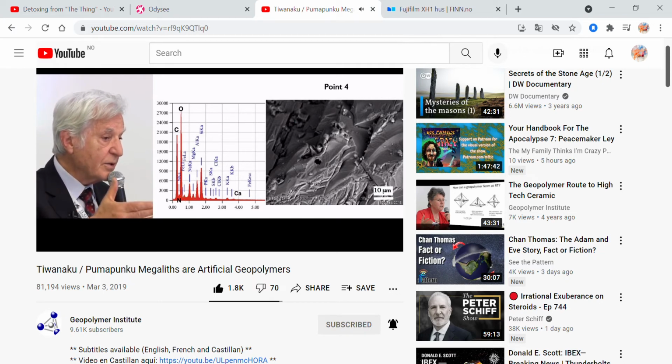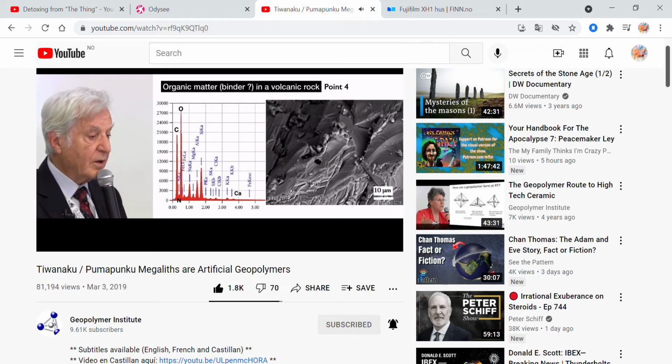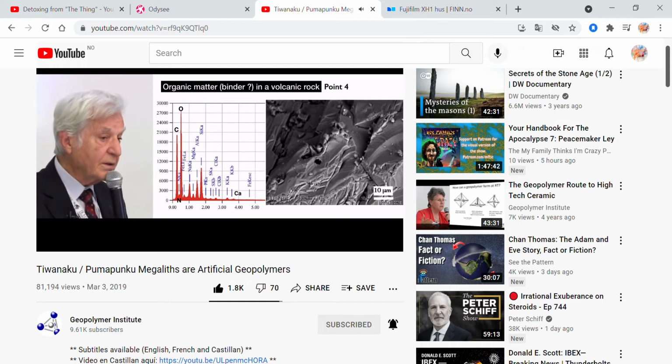We cannot measure nitrogen quantitatively, but qualitatively we can see that we have nitrogen. So it could be ammonium, organic matter. So we are finding organic matter in a volcanic rock, which is against nature. So it is man-made.